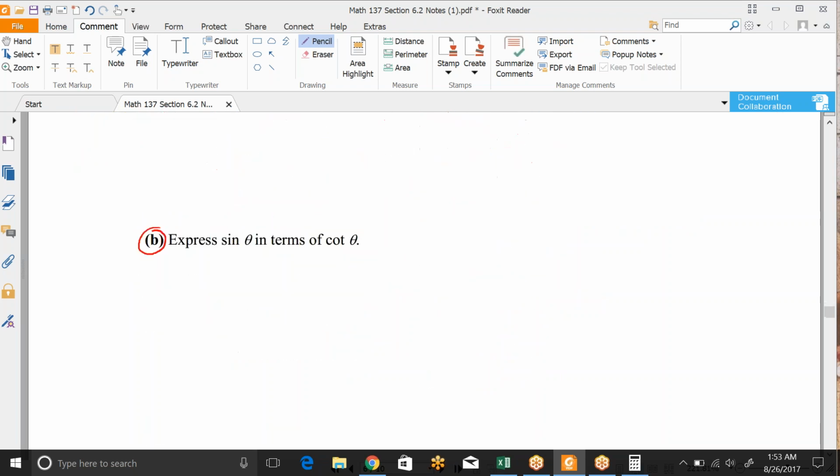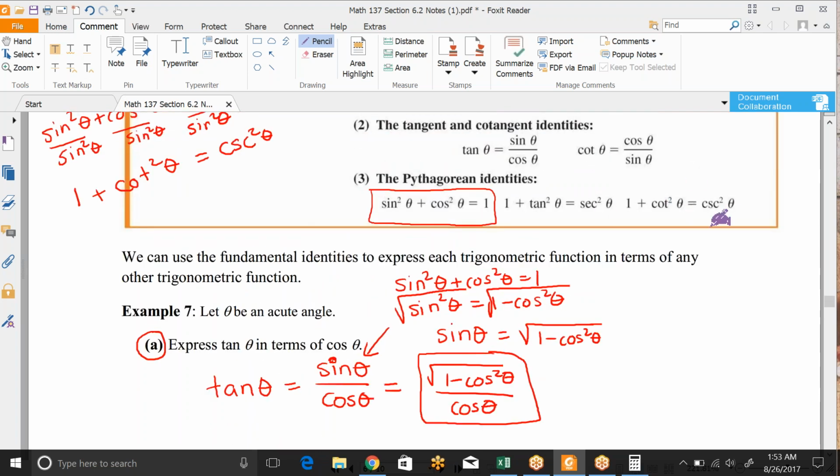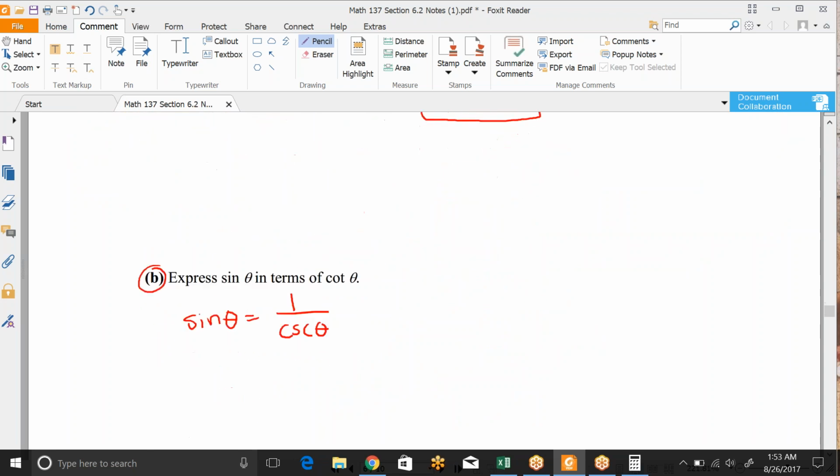Similar exploration for this one, we want sine theta to be in terms of cotangent theta. So sine theta, remember, is 1 over cosecant theta using our reciprocal property. And then we do have a Pythagorean identity, remember, that uses cotangent and cosecant squared. So I'm going to write it down here. So 1 plus cotangent squared theta equals cosecant squared theta.